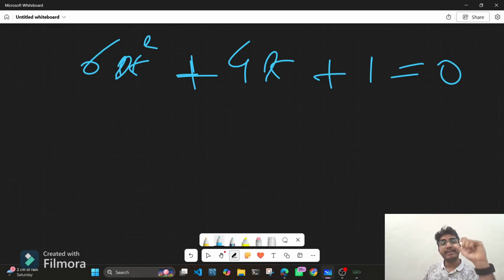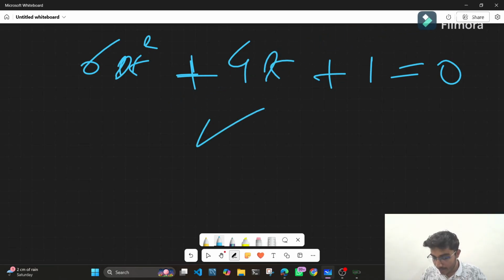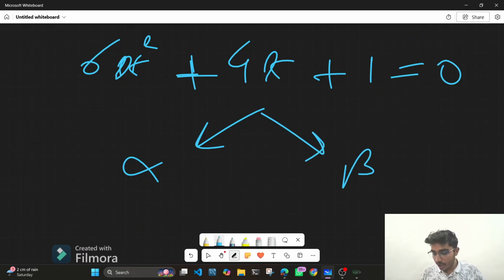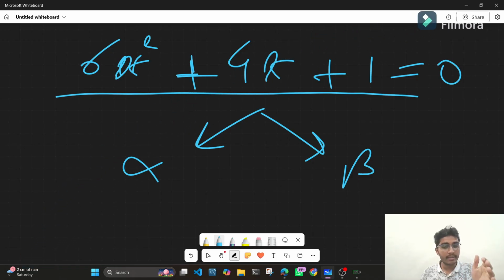You know that as the equation has degree 2, there are going to be two values of x, let's call them alpha and beta, for which this equation is satisfied. So basically, if I put the values of alpha and beta in x for this equation, they'll be equal to 0, or they satisfy the equation.